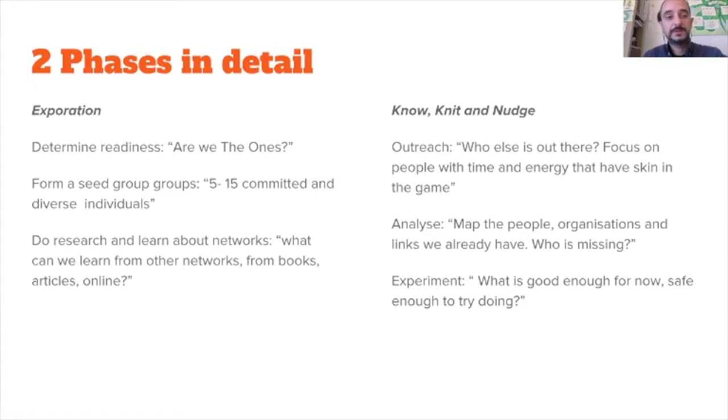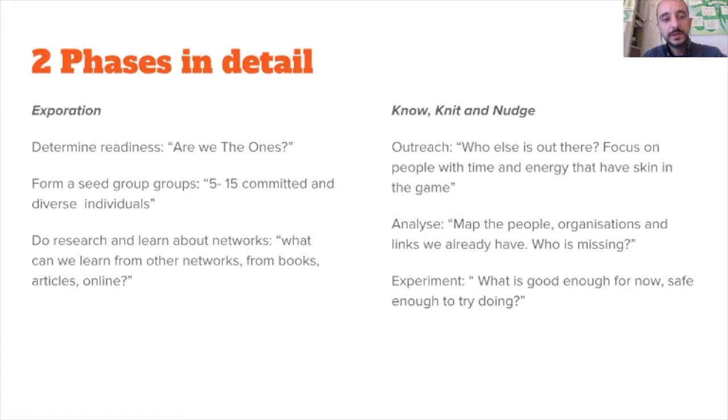The first phase is a phase where we determine readiness. Are we the ones? Is the core group the one that will actually take responsibility and commit to the long-term process of systems change?